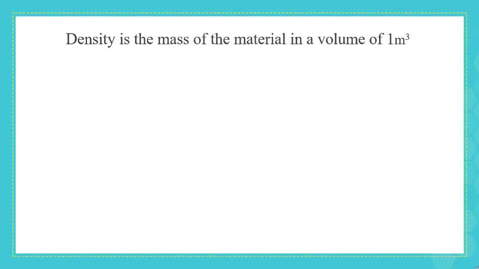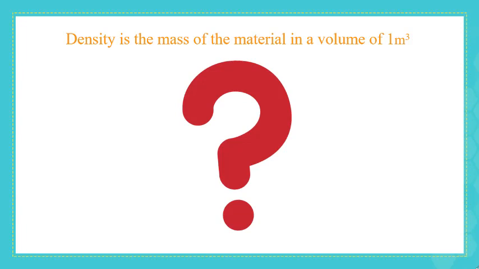You learned from the previous video that the density as a definition is the mass of the material in a volume of 1 meter cube. So how can we benefit from this definition and transform it into a formula to calculate the density of any substance? Let us repeat this definition. Density is the mass of the material.